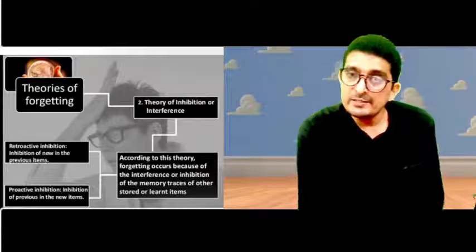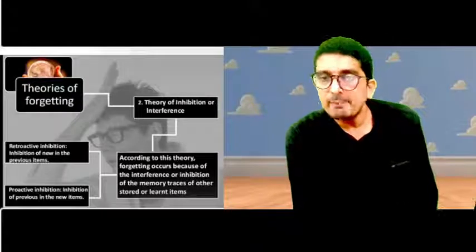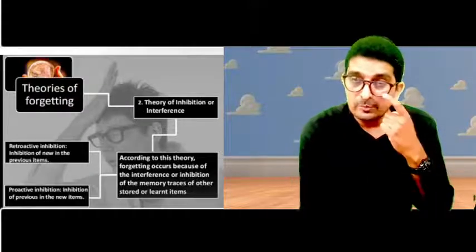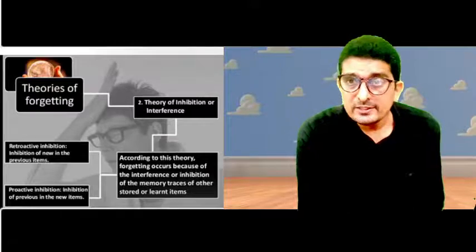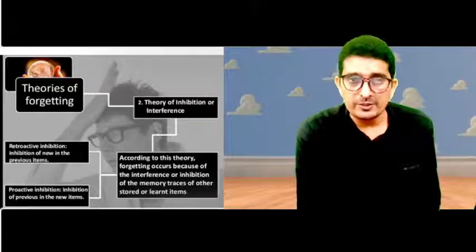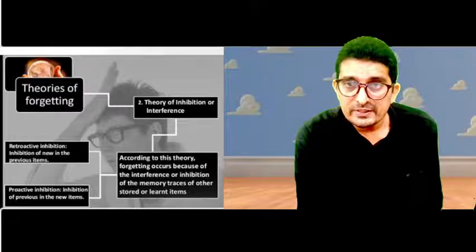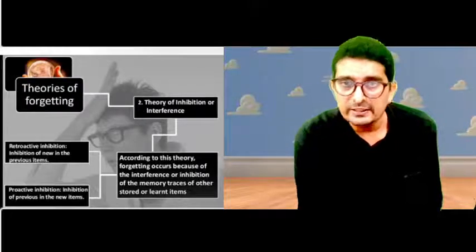And when we learn a new item, the old item may interfere and we will not be able to store the new item. We will be forgetting that item. So there are two types of inhibition or interference. That is retroactive inhibition and proactive inhibition.